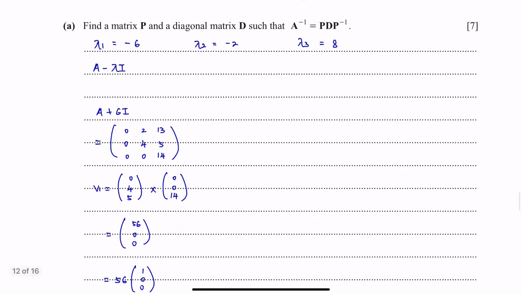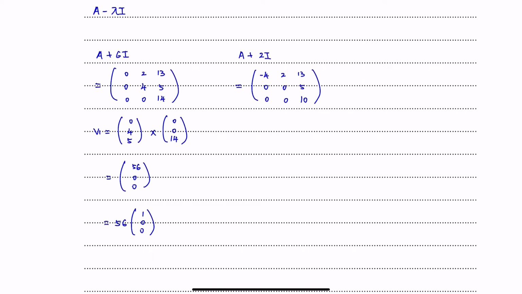For the second eigenvector, we get A plus 2I, which equals -4, 2, 13, 0, 0, 5, 0, 0, 10. But for this matrix, you can see that these two rows, you can actually simplify them to 0, 0, 1 and 0, 0, 1 if you divide this row by 5 and divide this row by 10. So these two rows are actually multiples of each other.